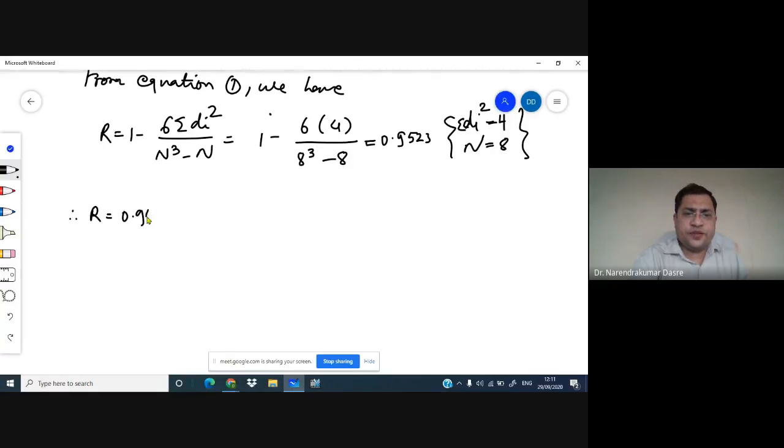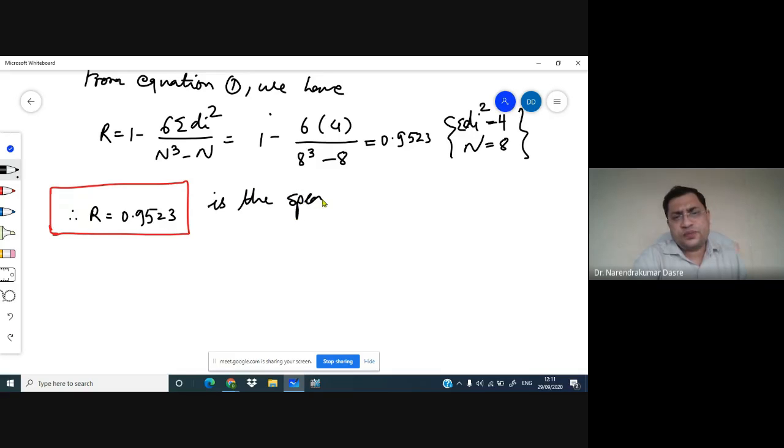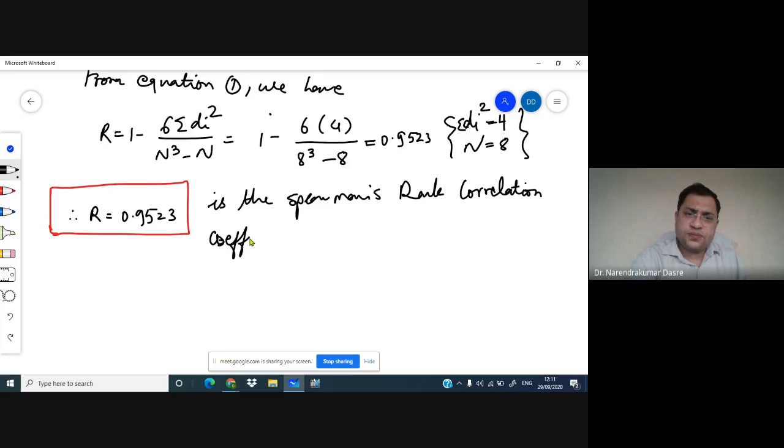And then we can say this is the Spearman's rank correlation coefficient.